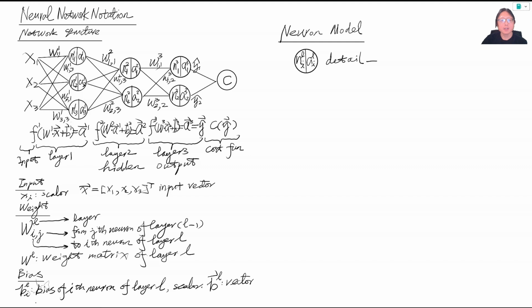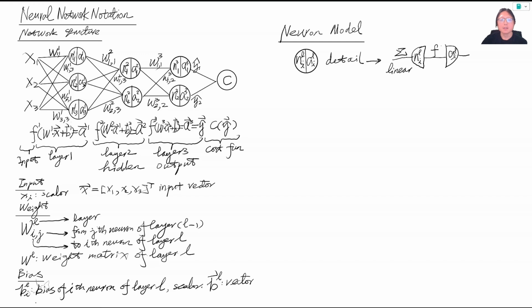Basically, there are two portions of this neural model. As you can see from the screen, it has an N part and an A part. The N part is a weighted linear combination of all the inputs and the bias, which gives you N. And there's an F part, which is a nonlinear part.